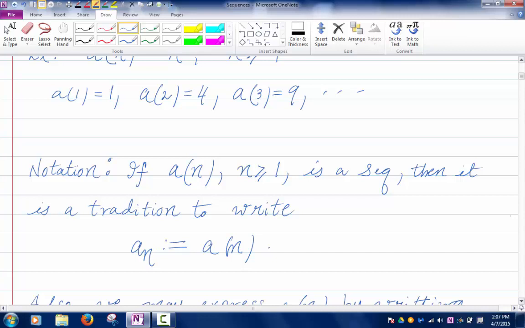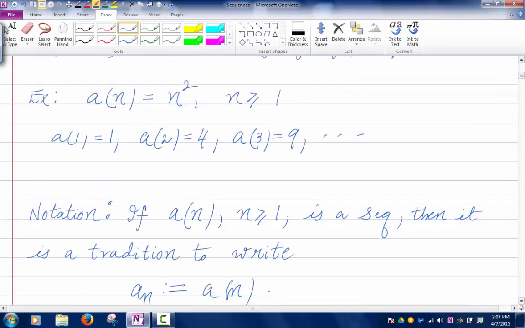For example, in my previous example, a subscript 1 will denote a of 1, which is 1. a subscript 2 would be a of 2, which would be 4.